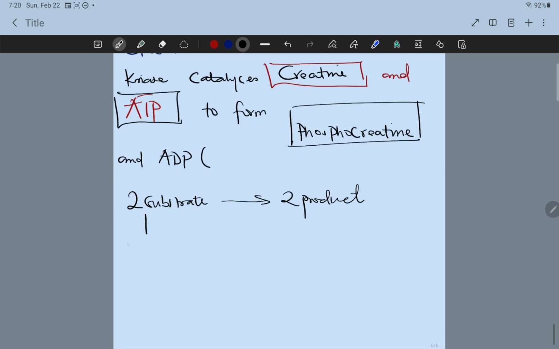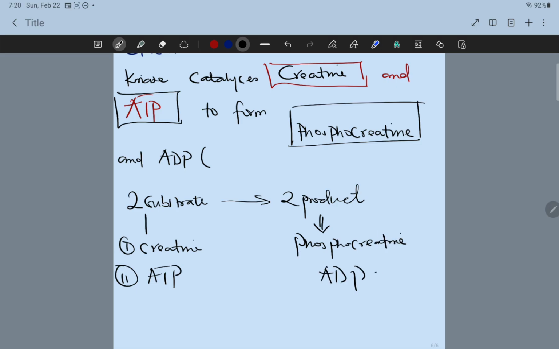What are the substrates that go in? Number one, creatine. The second substrate that went in is ATP. Now for the products, the first product is phosphocreatine. The second product is ADP.